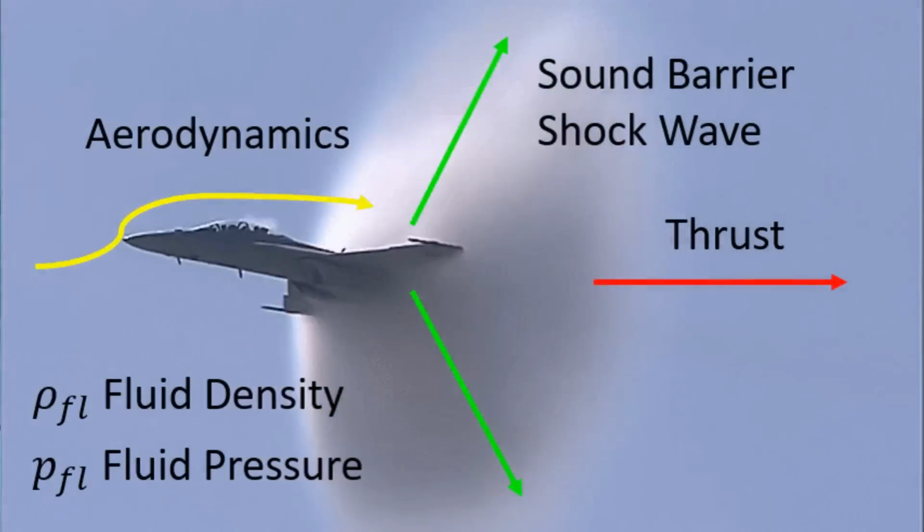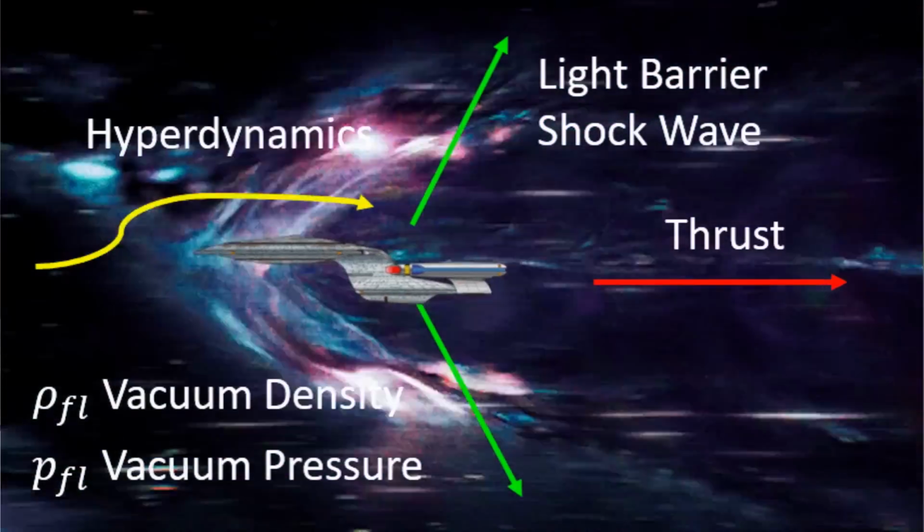So as a review, let's go back to our analogy of an aircraft traveling through the air and a warp ship traveling through space-time. In the beginning, I suggested that these two analogies are similar. At least it helps us to conceptualize the process that's going on here.